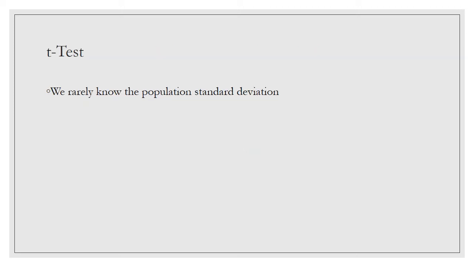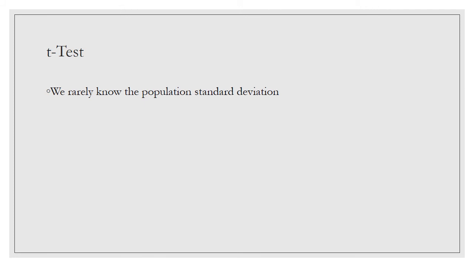The first method we're going to consider is the t-test. But this really isn't different than what we've done before by any substantial margin. The t-test exists simply because we don't really know the population standard deviation. If you recall, in our hypothesis testing, we went through examples and I said, well, we know the population standard deviation.